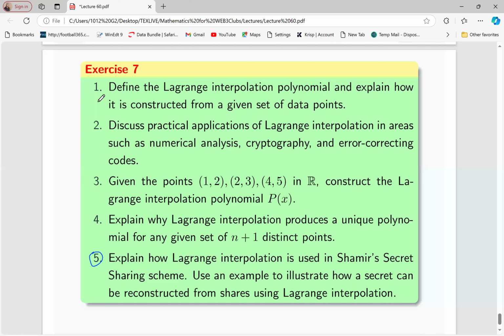Now, this question 1, define Lagrange interpolation and explain how it's constructed. So this one is just going through the steps we've already covered in our examples, just telling us those steps and so on. Then number 2, discuss practical applications of Lagrange interpolation in areas of numerical analysis, cryptography, and error correcting codes.